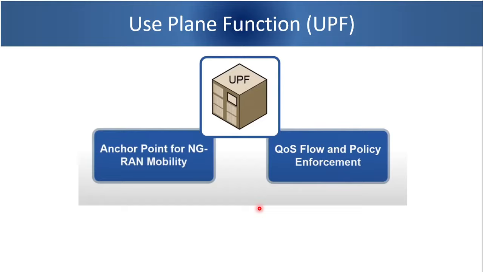For the data traffic part, for the PDU session, the UPF generally remains the same. So we also call UPF the anchor point for NG-RAN mobility. If there is mobility from one gNodeB to another gNodeB, the PDU session moves from one gNodeB to the other, but the UPF remains the same.